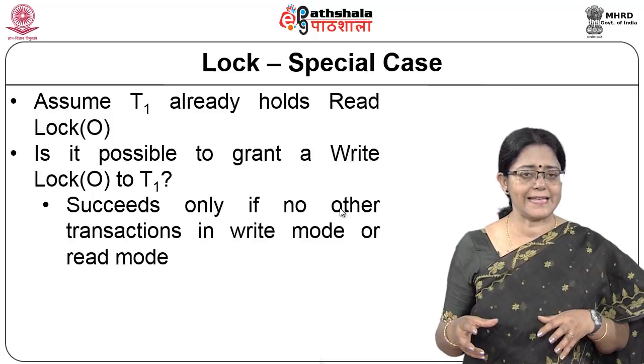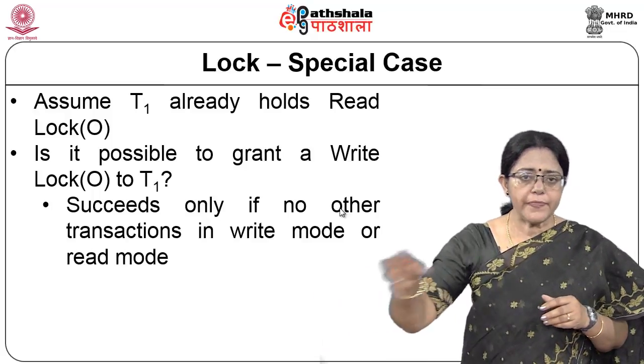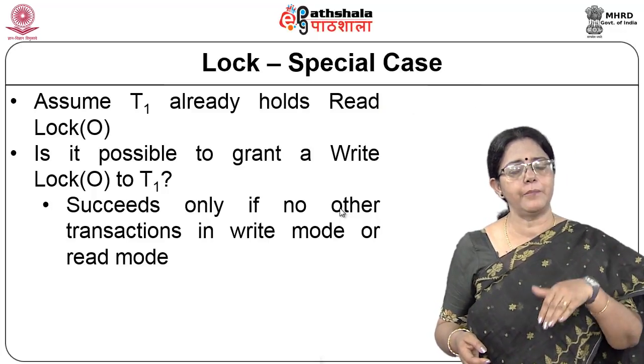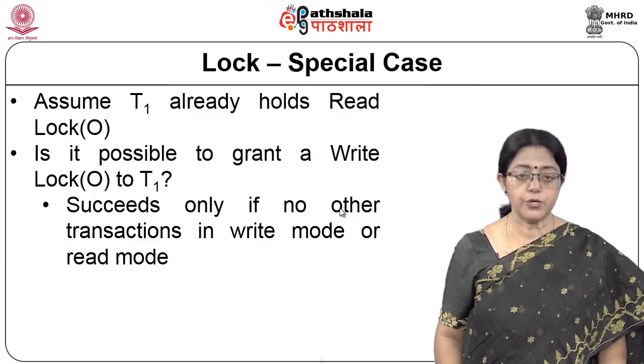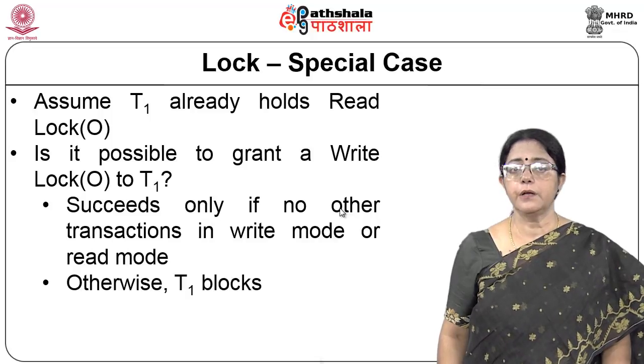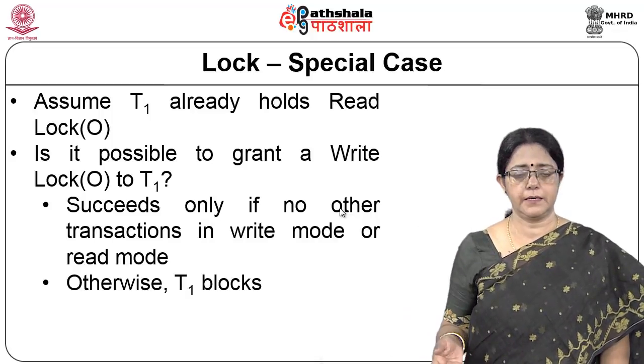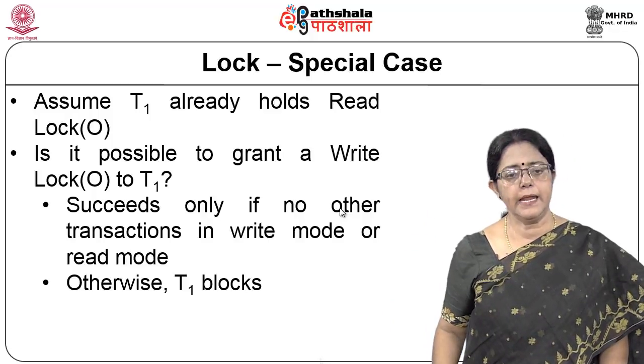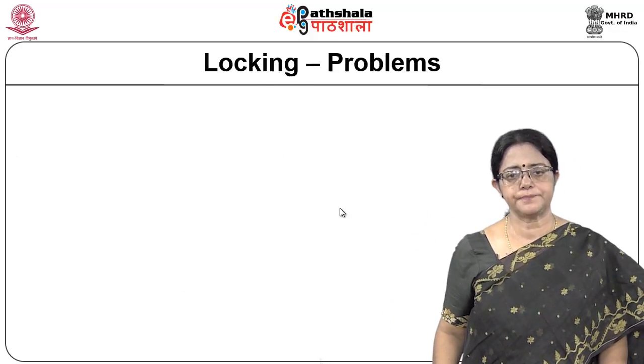So, one read is happening. If no other transaction has asked for a read, then a write by that same transaction will be allowed, but it will not be allowed if some other read is happening. If two transactions are reading, then T1 cannot ask for a write lock.